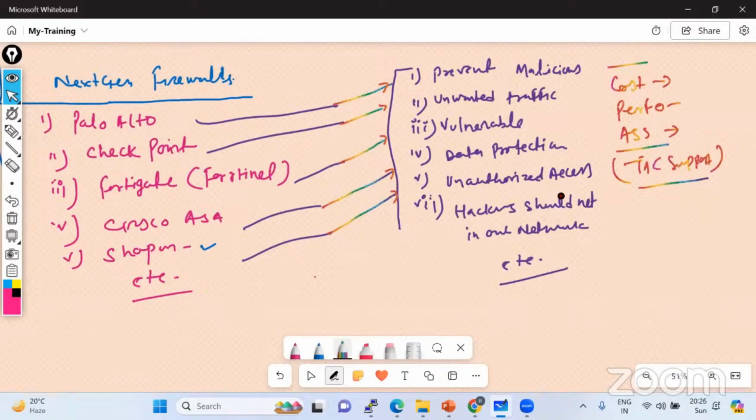Every firewall definitely has some cost. Might be Palo Alto is 100 rupees, Checkpoint 95 rupees, FortiGate 80 rupees, Cisco ASA might be 70, and some might be 30, right? I'm just giving random, arbitrary numbers. It's not actual.